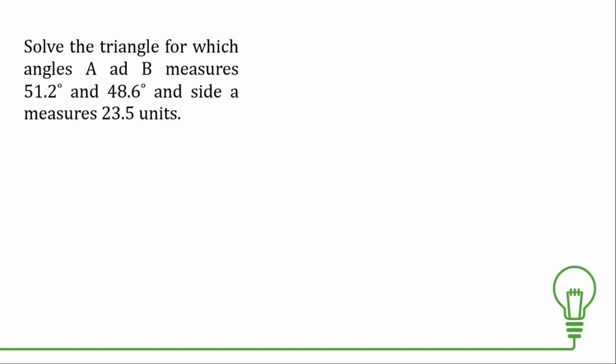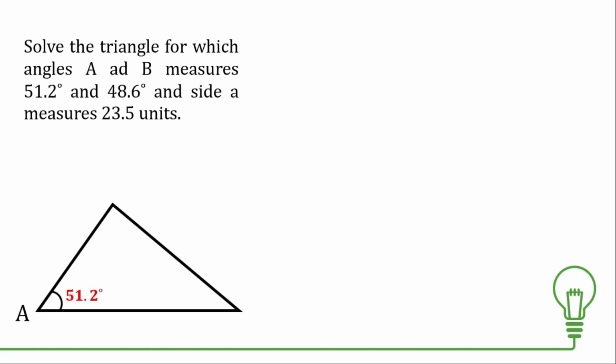Okay, let us consider this problem. It says here that we have to solve the oblique triangle for which angles A and B measure 51.2 degrees and 48.6 degrees respectively, and side A measures 23.5 units. Okay, so in solving problems like this, it would be very important for us to illustrate first the given.